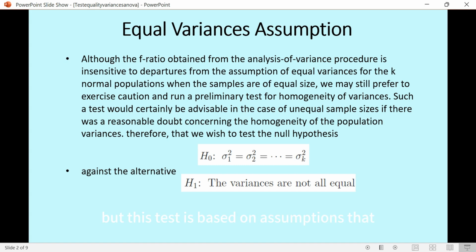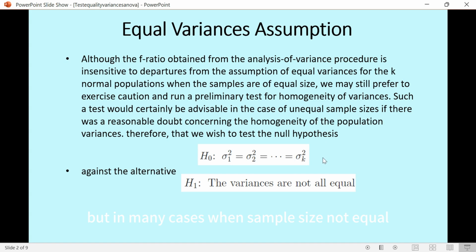But this test is based on the assumption that the variances for the different treatment groups are exactly the same. If the treatment groups come from normal populations, this assumption of variance equality is slightly insensitive when not met, assuming equal sample sizes for the different groups.